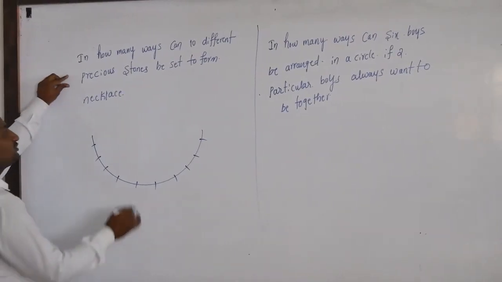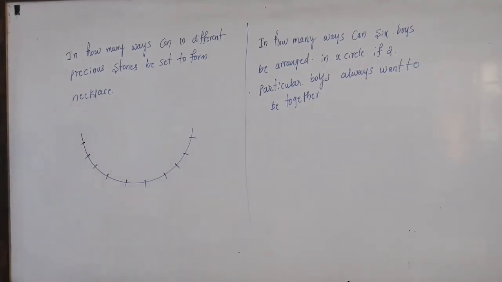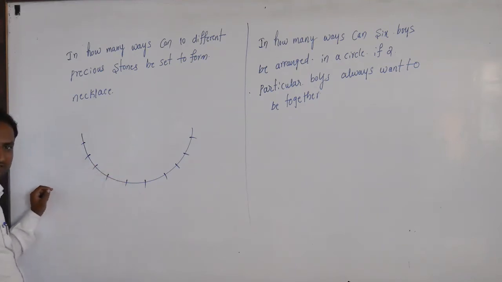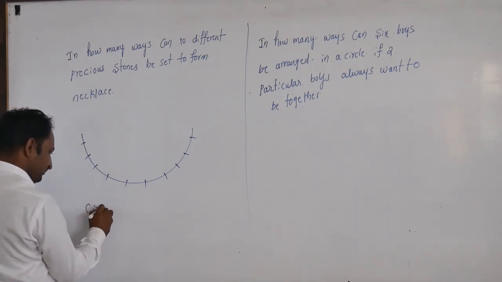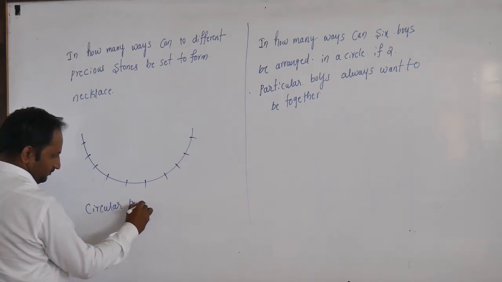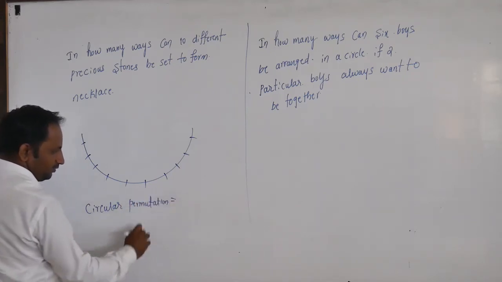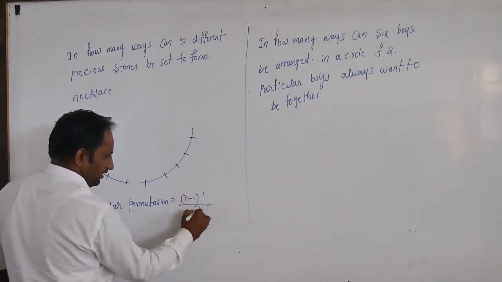In this form we can easily recognize clockwise as well as anti-clockwise rotation. That's why circular permutation is equal to n minus 1 factorial divided by 2.